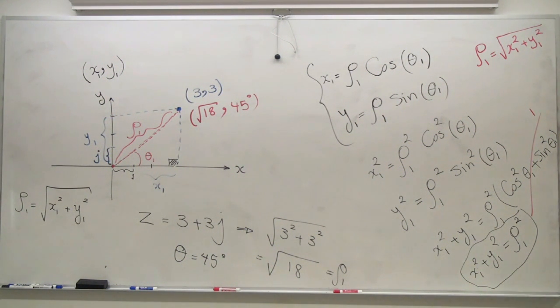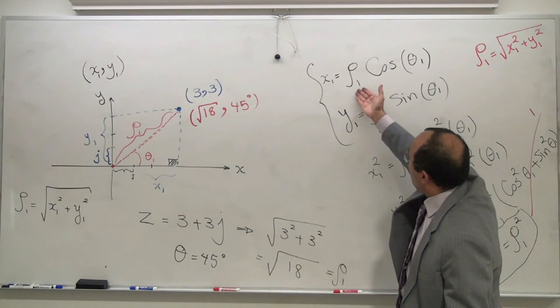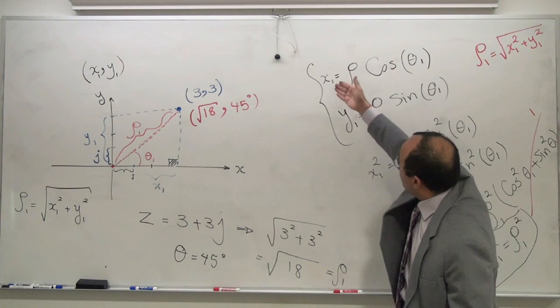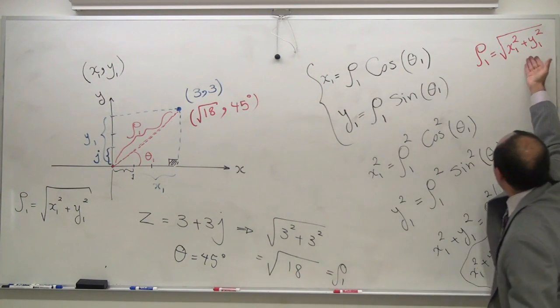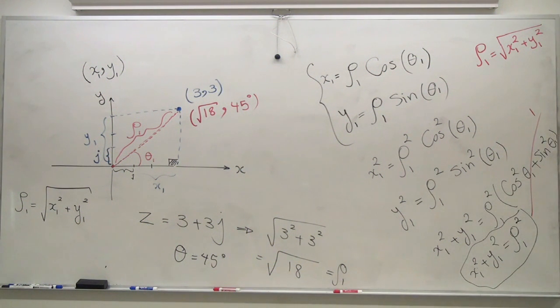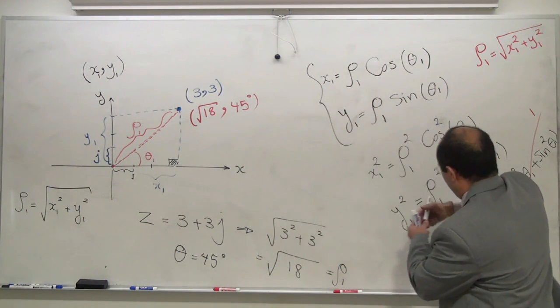The second question is this. I gave you rho 1 and theta 1, and you gave me x1 and y1. Now I'm going to give you x1 and y1, and you give me rho 1. How much is my theta 1? Many people come in and simply say, if I divide y1 by x1, what do I get?